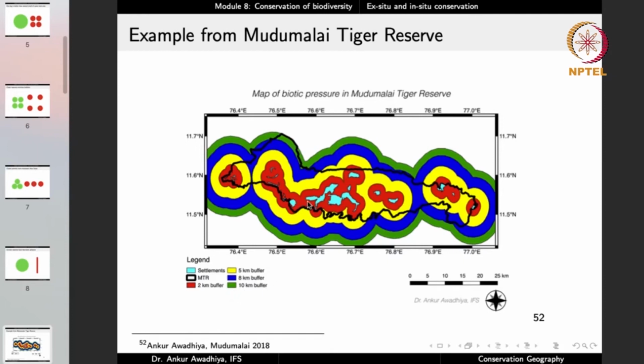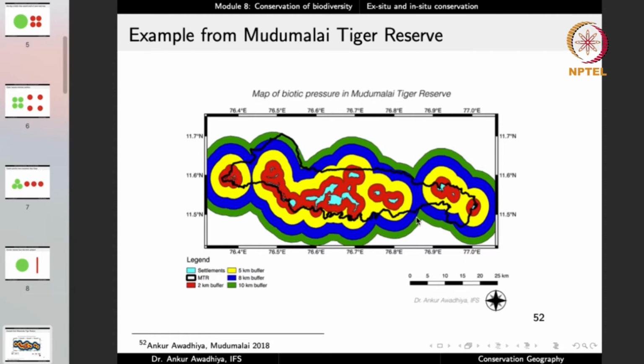Now, if humans and their cattle are able to move inside to say 10 kilometers, then there will be no zone that is left in this tiger reserve that would be free from the external influences. Even if humans are able to move only 5 kilometers, then too you will find that a majority of the tiger reserve will be within the zone of influence.